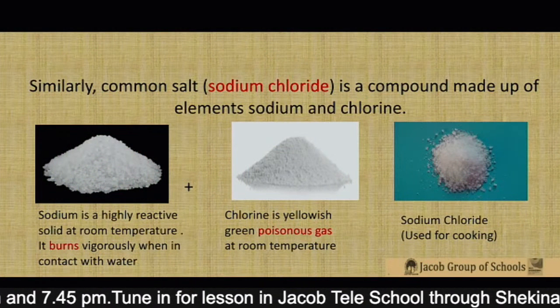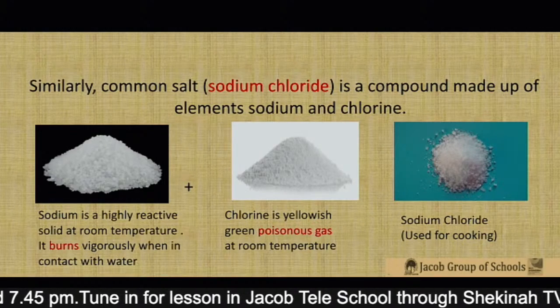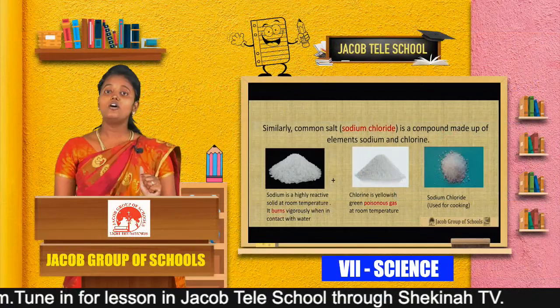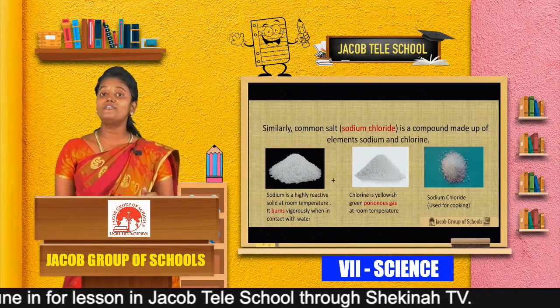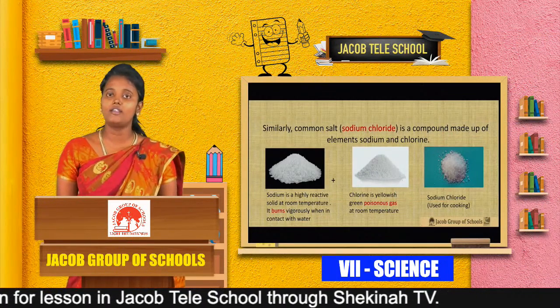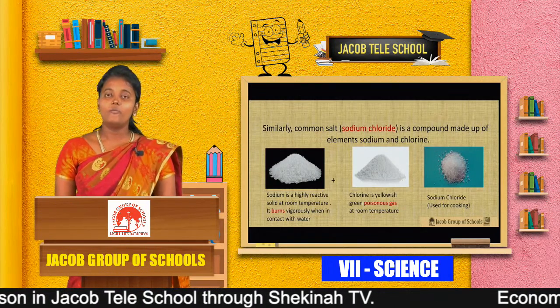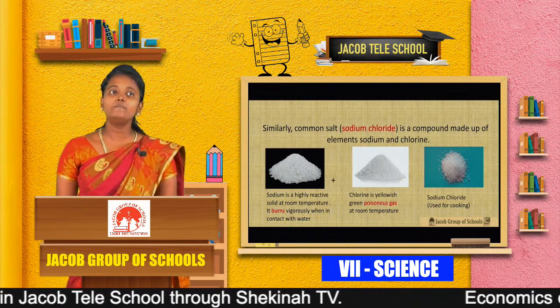Similarly, common salt. நான் லெசனுக்கு முன்னாடி ஒரு கொஸ்டின் பண்ணியிருந்தேன். Am I right? So, what is the chemical term of salt, table salt? The answer is sodium chloride. Open your mouth and say sodium chloride.